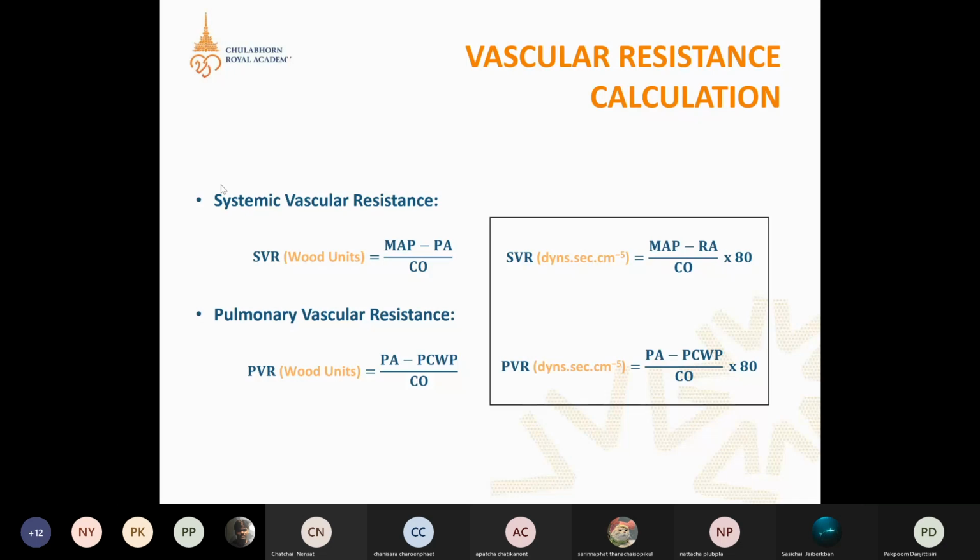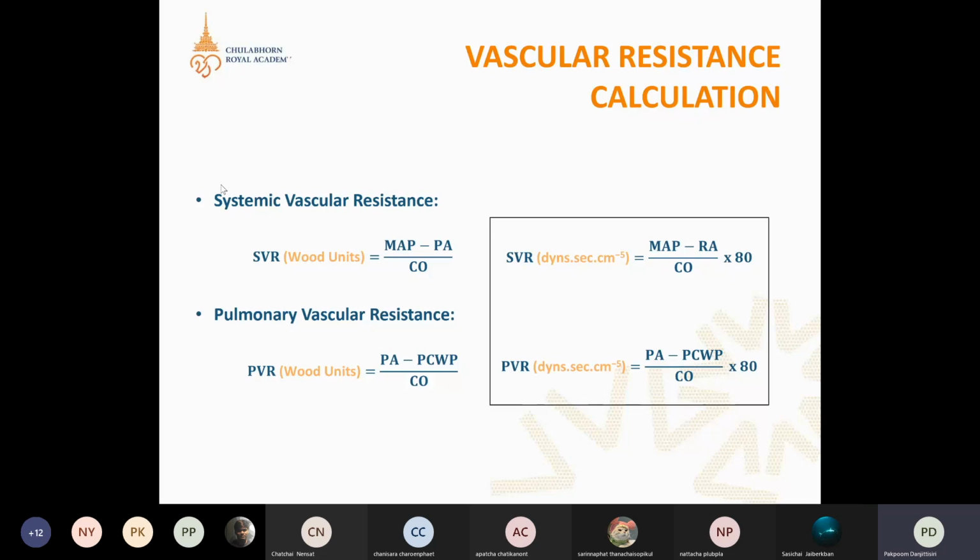And the end of the systemic circulation is at the pulmonary artery, because after the pulmonary artery the blood will go to the lung, right? So we can take the pressure of the pulmonary artery as the end of the systemic circulation.